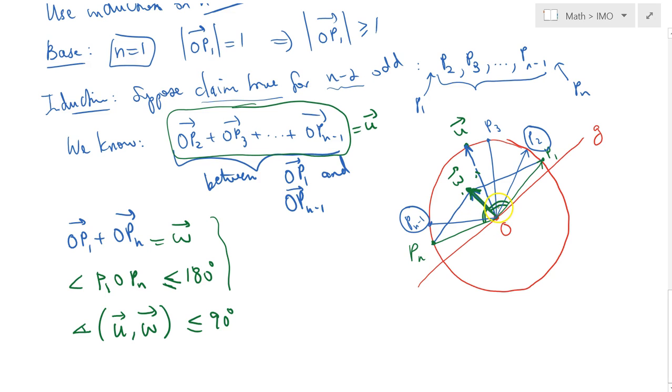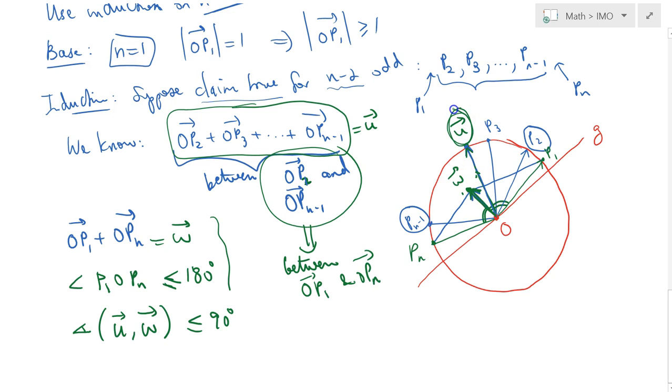Because you have W, which is exactly in the middle of this angle P1OPn, and then you have the vector U, which is between OP2 and OP sub n minus 1. But if it's between this angle, then it is definitely between OP1 and OPn as well.